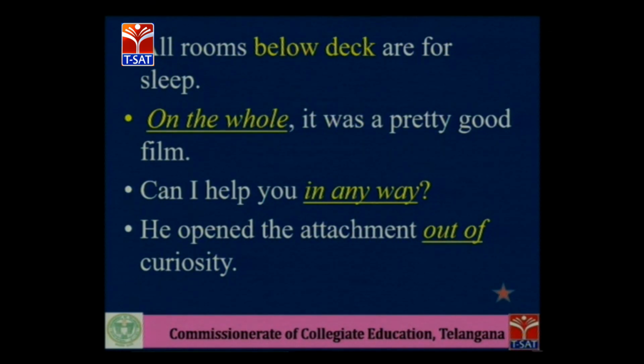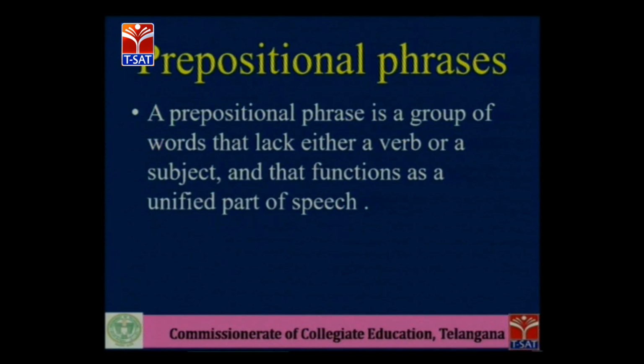And in the next one, he opened the attachment out of curiosity. Here we can see that out is a preposition and out of is a prepositional phrase. So this is all about prepositional phrases, and a prepositional phrase is a group of words that lacks either a verb or a subject and that functions as a unified part of speech. So now let's have a recap.